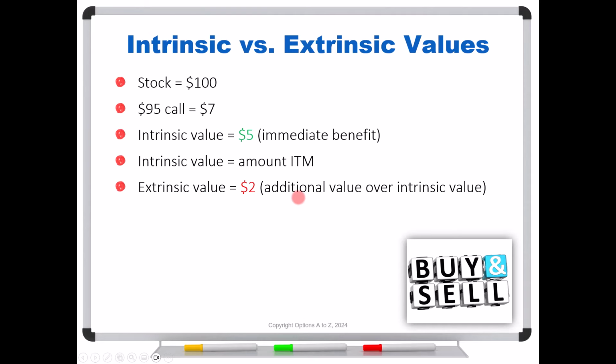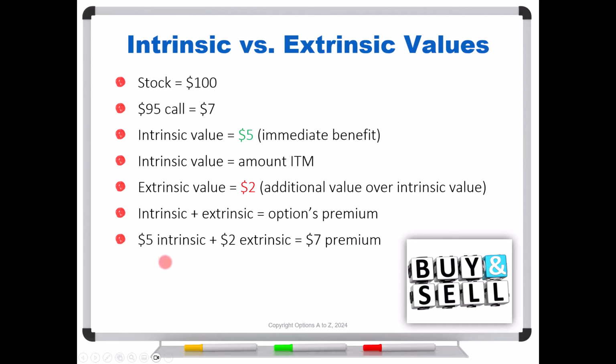This is the additional value over the intrinsic value. So remember, the basic idea is that the intrinsic plus the extrinsic value equals the option's total premium. So in this instance, you have $5 of intrinsic value plus $2 of extrinsic value, and that in fact equals the option's total price, or the total premium.